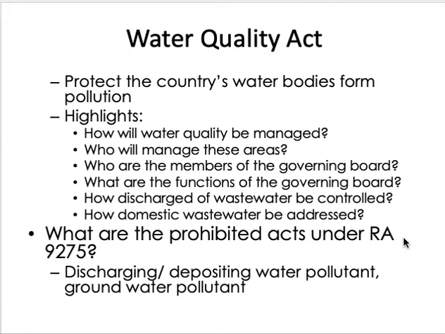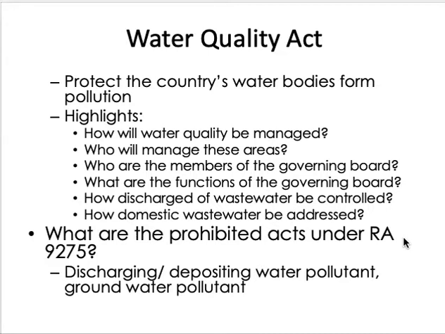Okay, so who will manage these areas? So they also determine the jurisdictions or authorities that are being tapped in terms of the enforcement of the Water Quality Act. So who are the members of the governing board? What are the functions of each member of the governing board, particularly the different departments of the government?